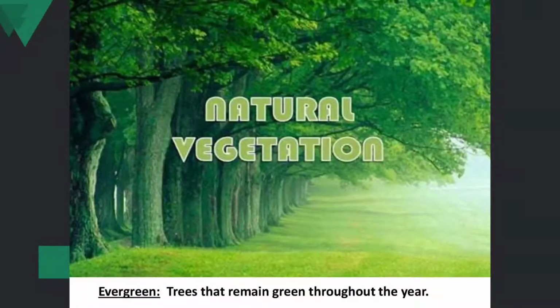In this chapter, we are going to discuss different types of forests, vegetation, and the usefulness of forests. So, please open your books. Let's move.